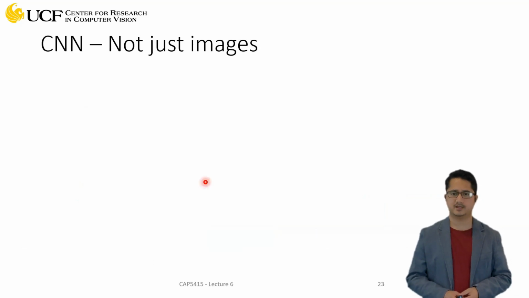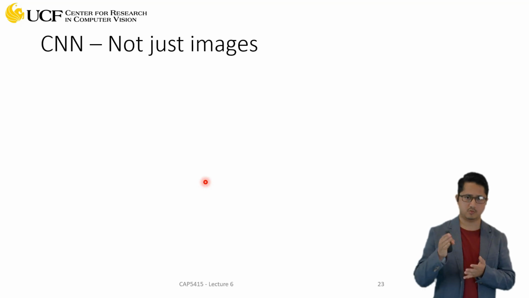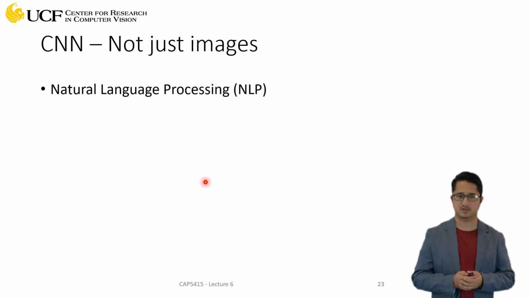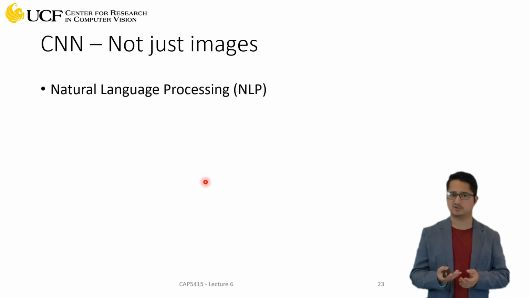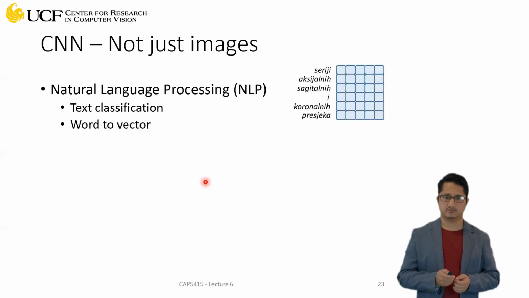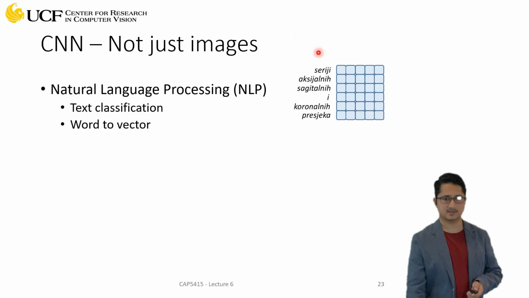Now, earlier I said images are mostly used as input. What I meant is we can use some other kind of modality as well. We can use natural language as input to CNNs. The idea here is, let's say we are doing text classification. If this is your sentence in some language, a sentence will have a sequence of words.